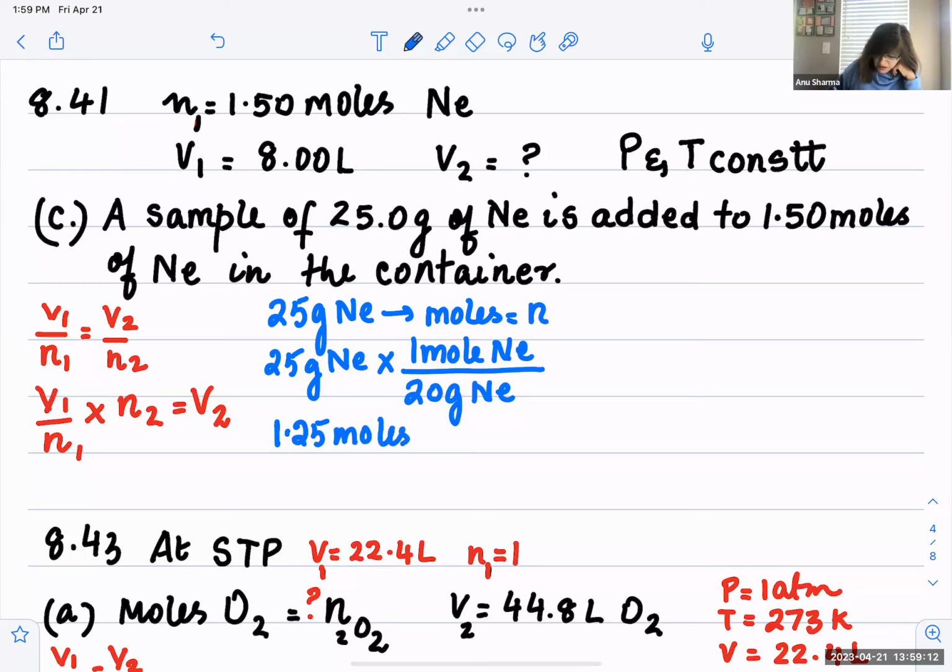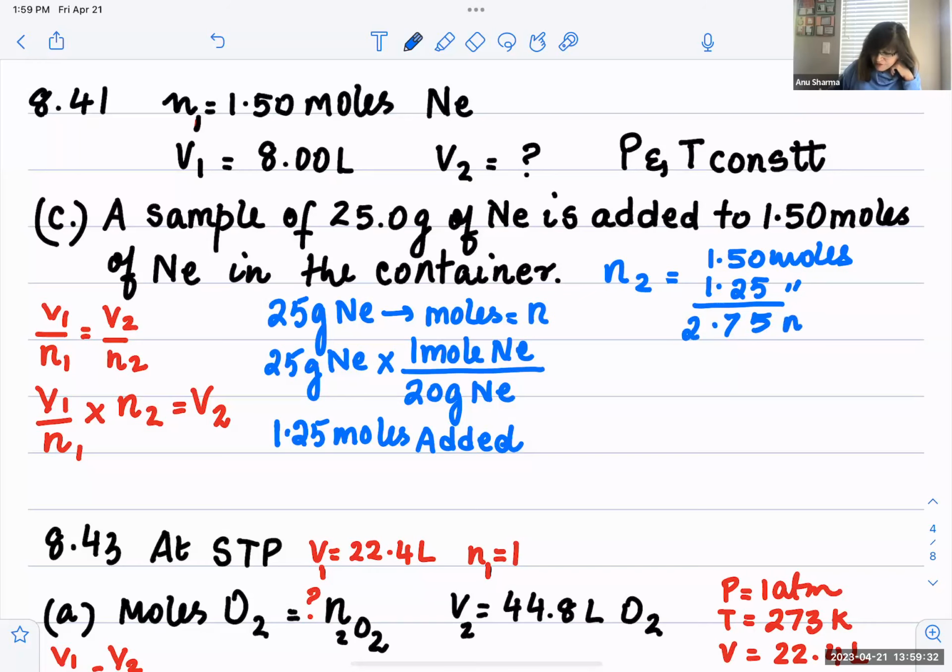Now these moles are added to the 1.50 moles, so that would be the value of N2. So 1.50 moles plus 1.25 moles gives you 2.75 moles. So that's the value of N2.